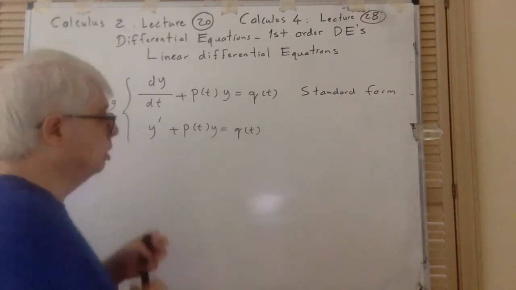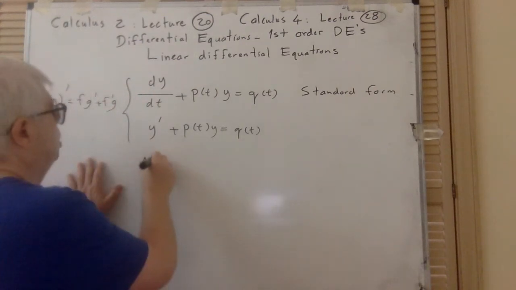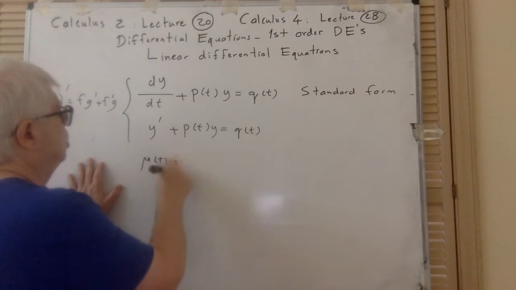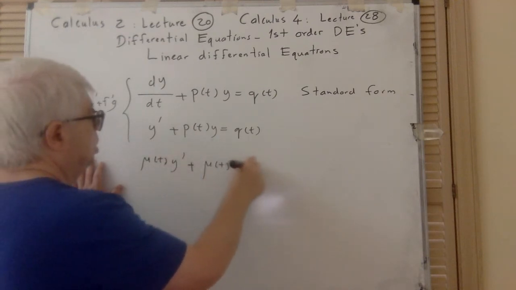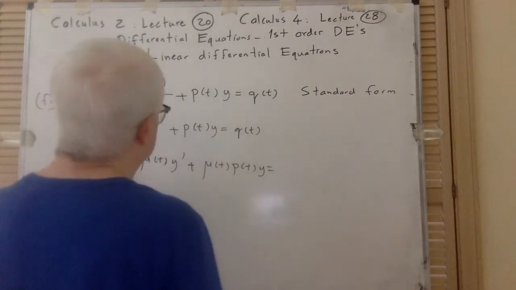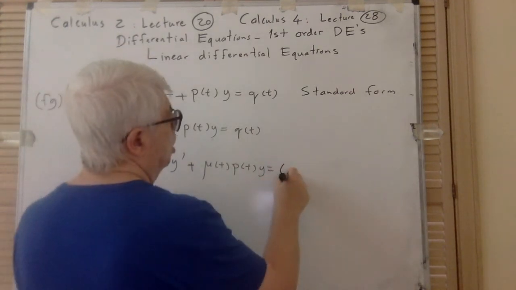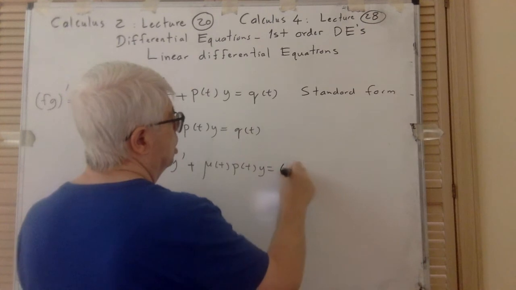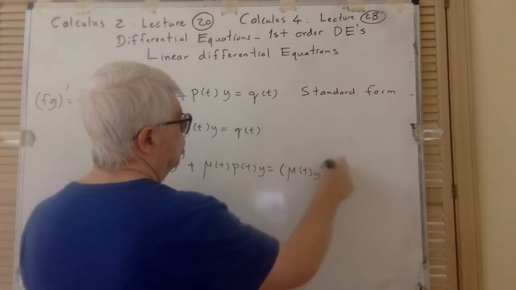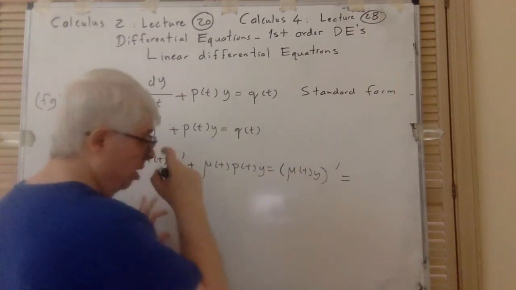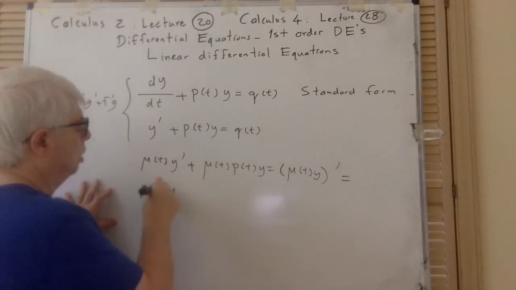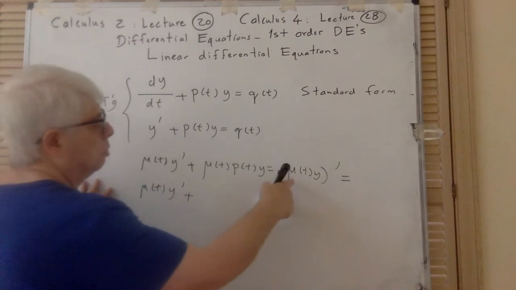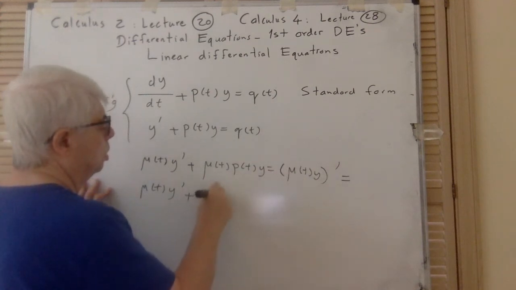So I will find mu(t) such that mu(t) y prime plus mu(t) p(t) y is (mu(t) y) prime. But that is mu(t) y prime plus the derivative of mu times y.